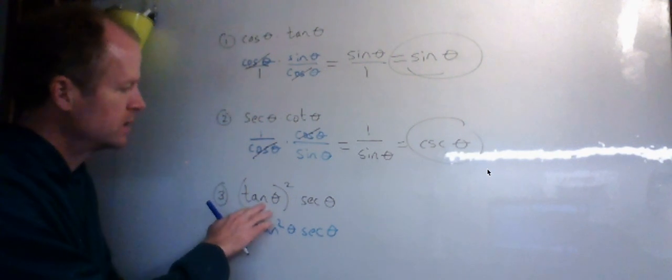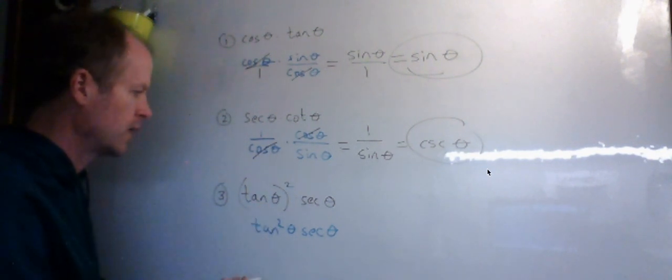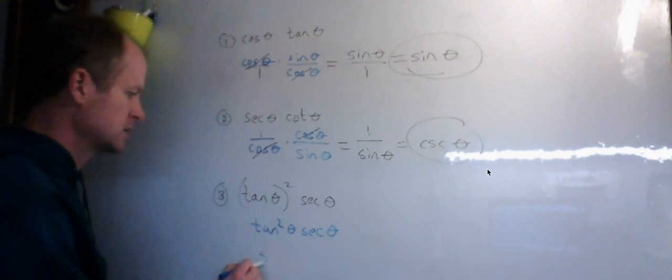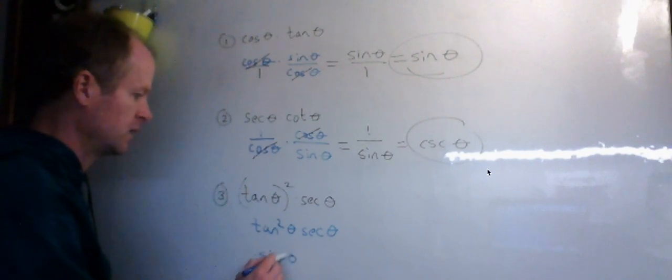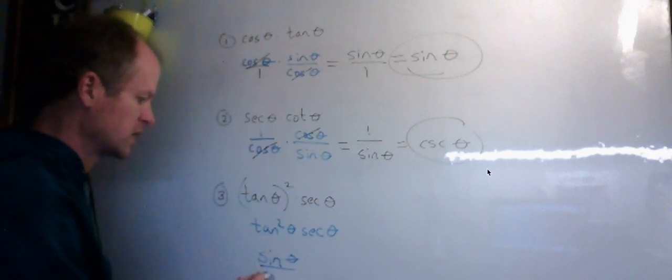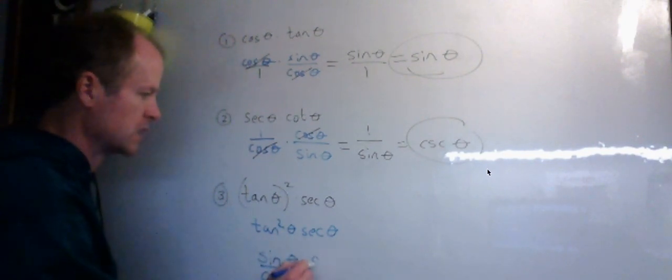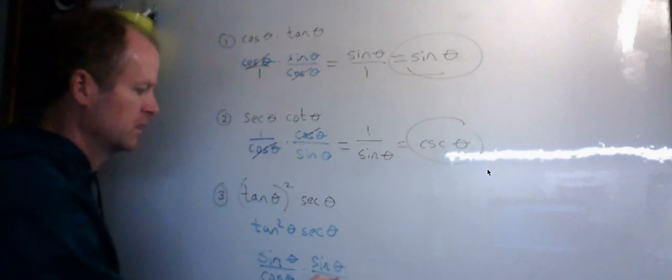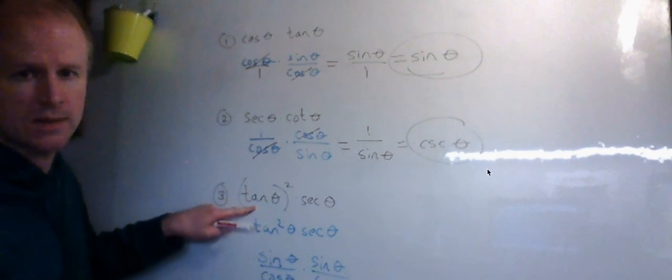All right, so tan of theta squared, I'm going to think of this as sine of theta over cosine of theta times sine of theta over cosine of theta, because that was the tan times the tan. And then I've got to shift my camera here so you can see what I'm doing.